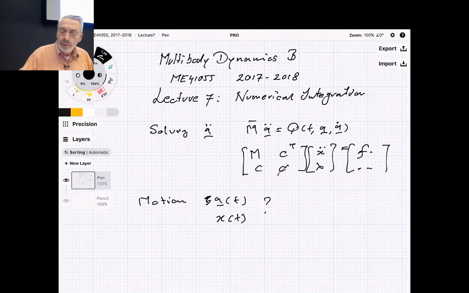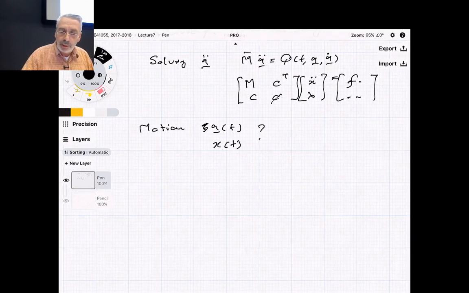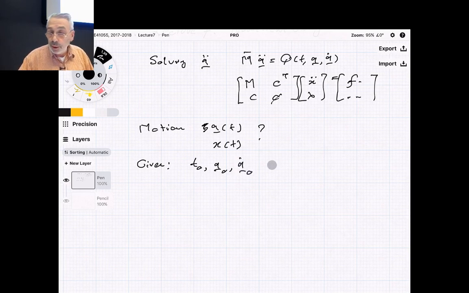Now, the problem is actually like this. Given at some moment in time, t0, I have coordinates q0 and I have speeds q dot. And then, of course, from the equation of motion, I can solve the accelerations at that time, as a function of q, t, and q dot.